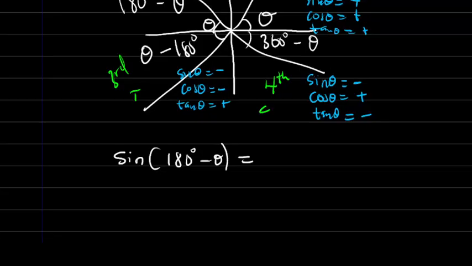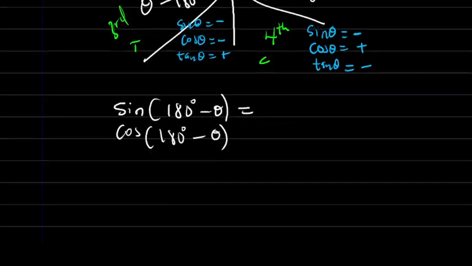So what are we going to do now? We want to find sine 180 degree minus theta, cos 180 degree minus theta, and tan 180 degree minus theta as well. Now, how are we going to find this?